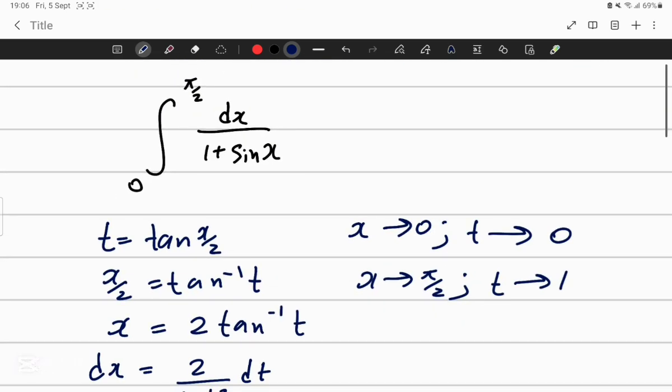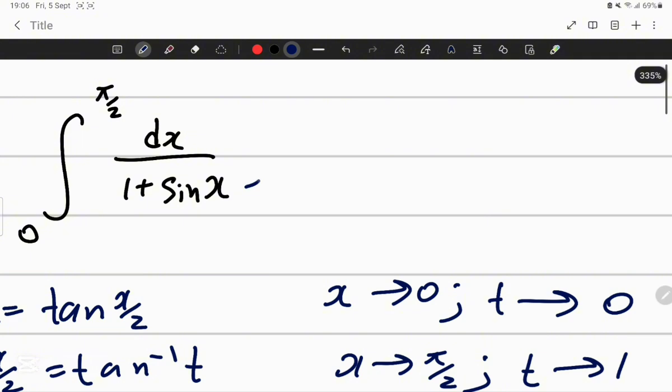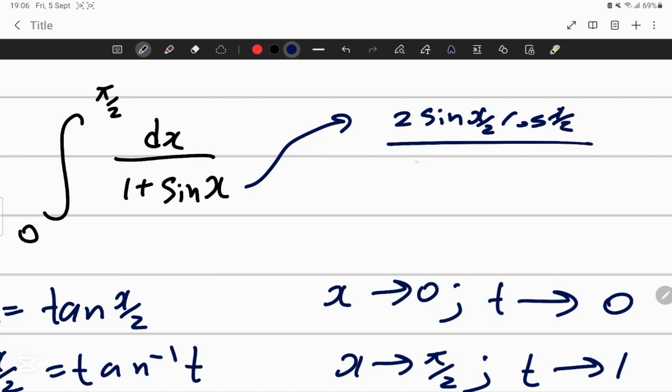So what is sin x? I can write sin x as 2 sin x over 2 cos x over 2 over 1, right? 1 is what? Sin square x over 2 plus cos square x over 2.